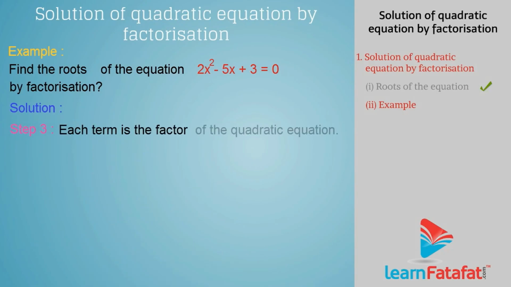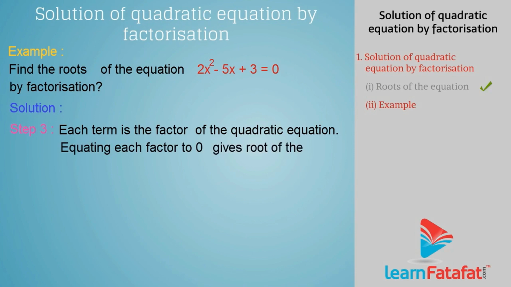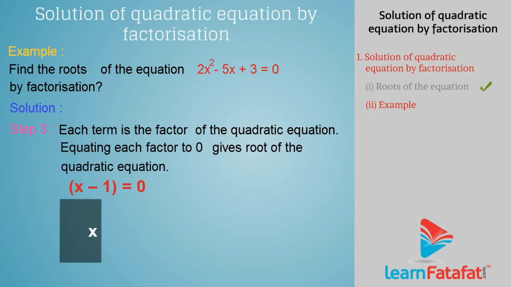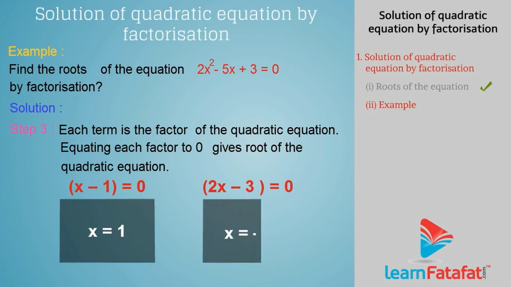Step 3. Each term is the factor of quadratic equation. Equating each factor to 0 gives root of the quadratic equation. That is, x minus 1 is equal to 0 gives x is equal to 1. 2x minus 3 is equal to 0 gives x is equal to 3 by 2. These are the required roots.